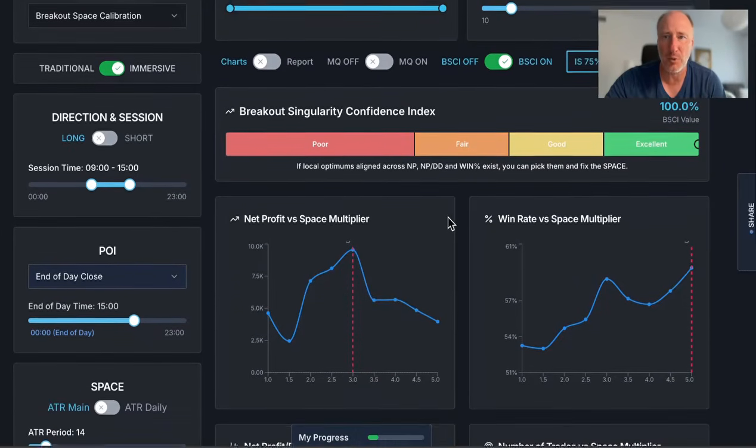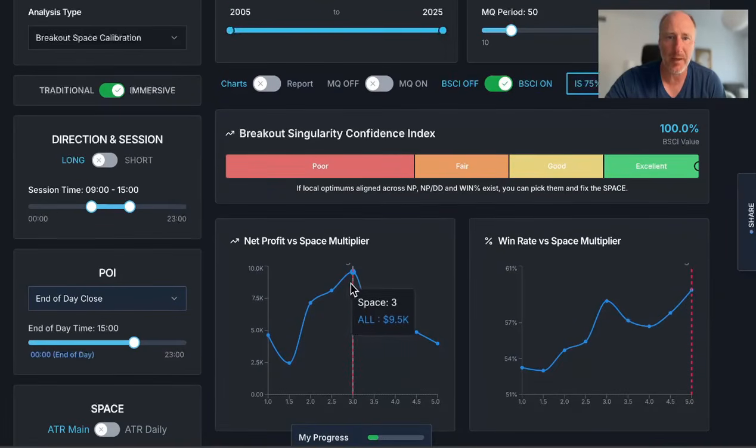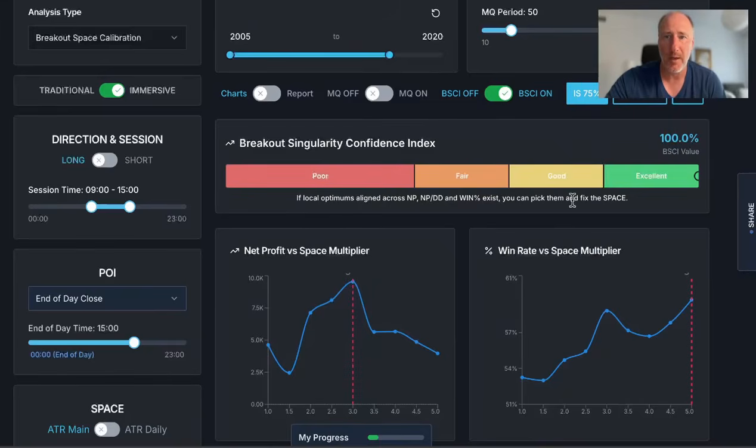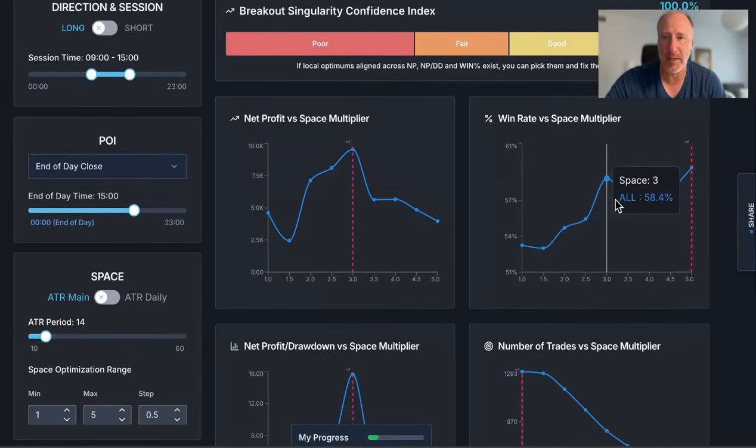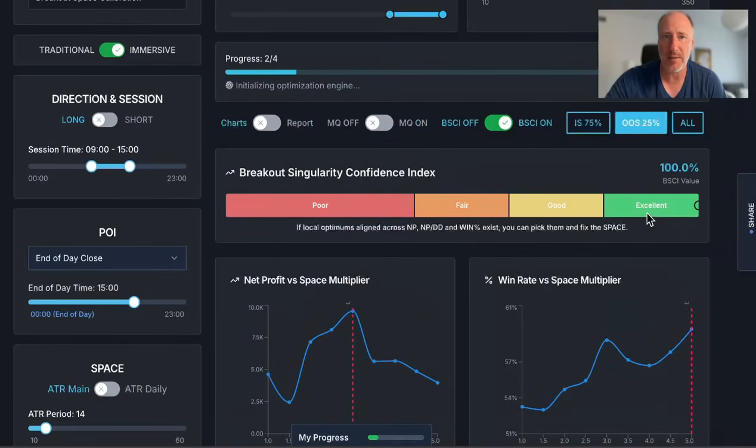Now, before we do that, we need to make a quick test that this number 3 space holds with the breakout singularity confidence index on 75% in sample, and especially on the last 3 to 4 years. If we go to 75%, we see that 3 is still among the highest. We still have very high confidence index. And especially last 3 to 4 years, that's the most important. We want to see the recency.